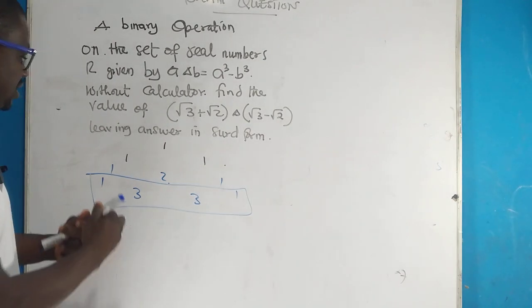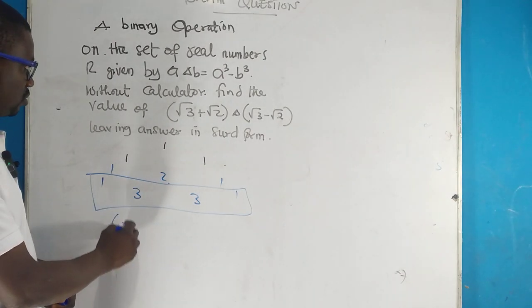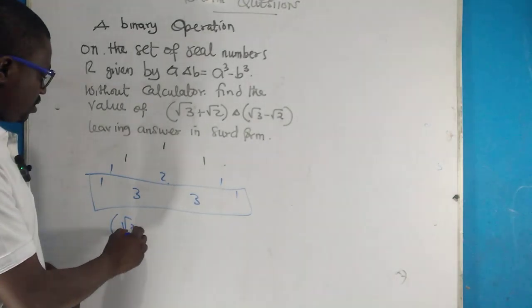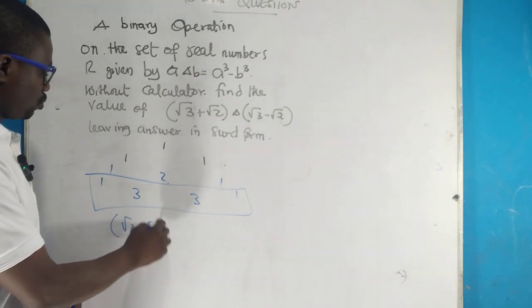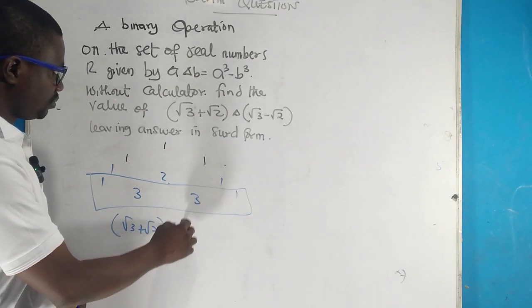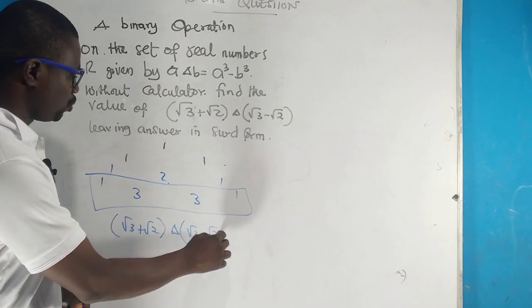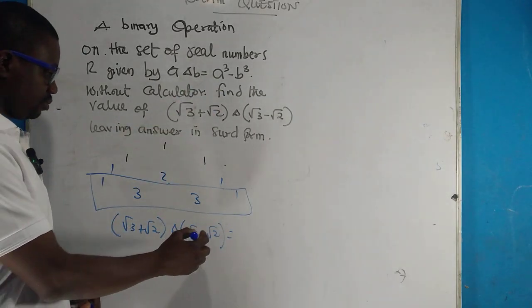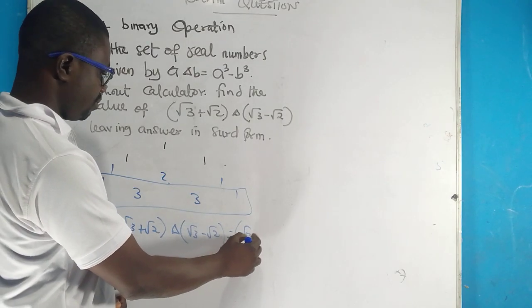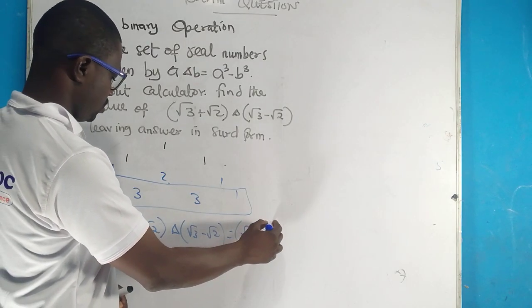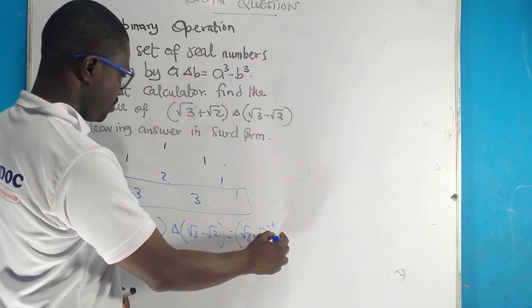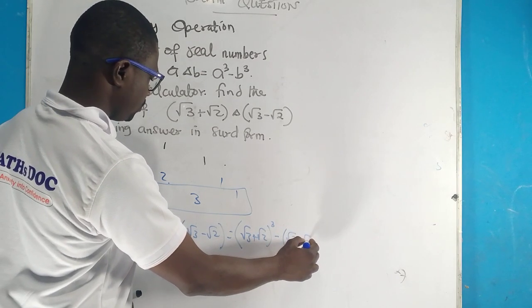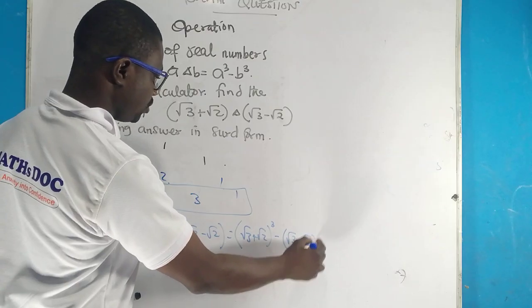Now we have realized that root 3 plus root 2 operation root 3 minus root 2 is equal to, given the expansion, root 3 plus root 2 exponent 3 minus root 3 minus root 2 exponent 3.